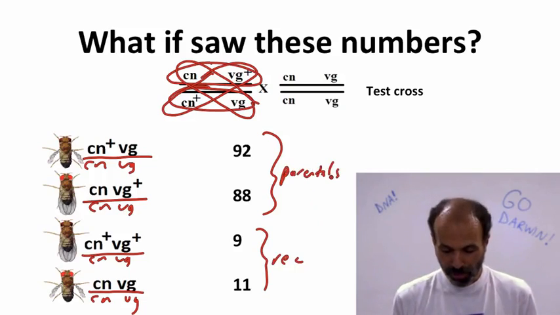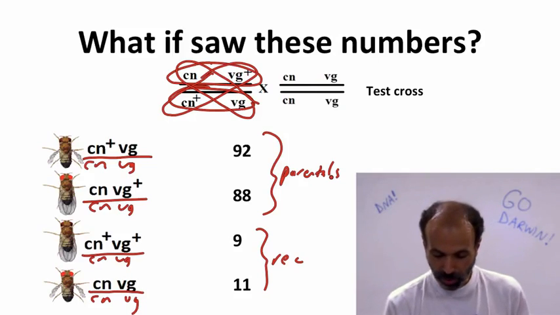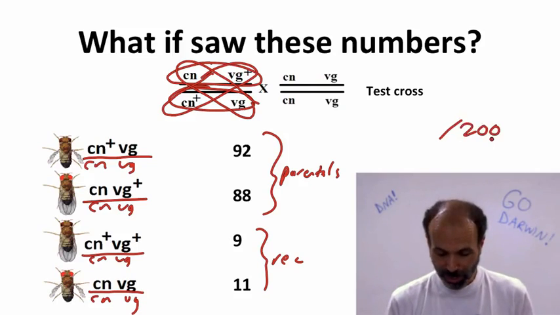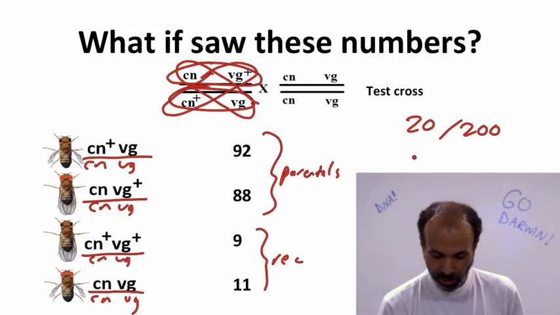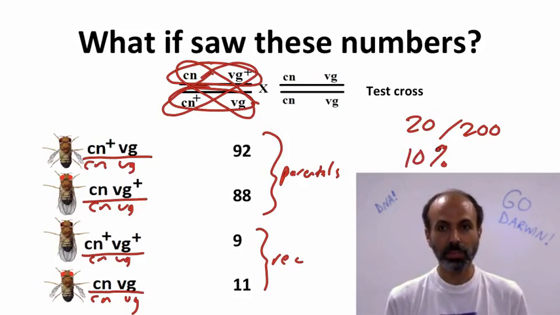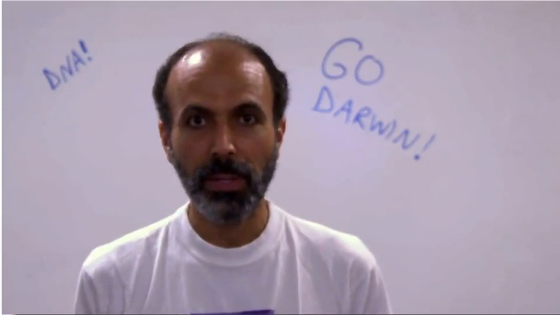Now, what fraction overall here are recombinant? Well, the total number of flies here is 200. The total number of recombinant here is 20. So the recombination fraction is 10%. There's 10% recombination between these two genes. So this gives you some idea of distance between these.